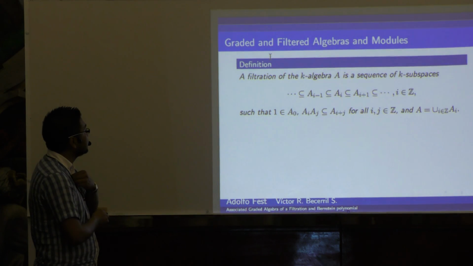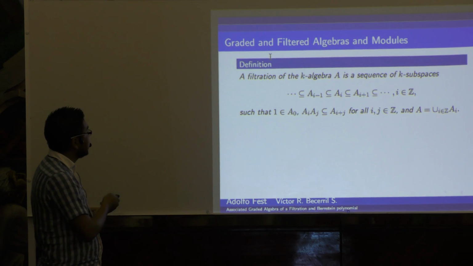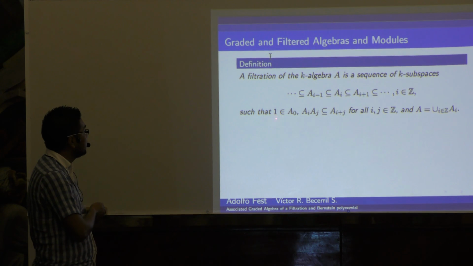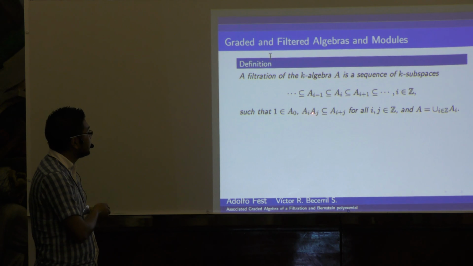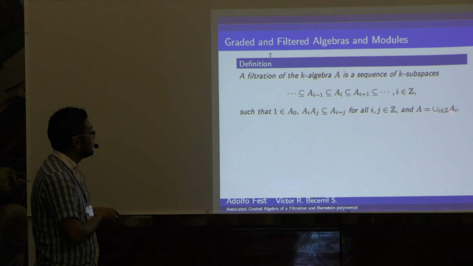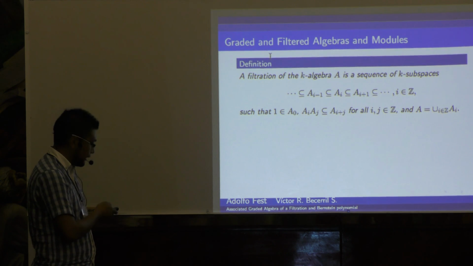Also, a filtration of an algebra is a sequence of K vector subspaces such that in the zero we have the one element, and when we multiply a pair of these, we have this property. And also the union of all gives again the algebra.